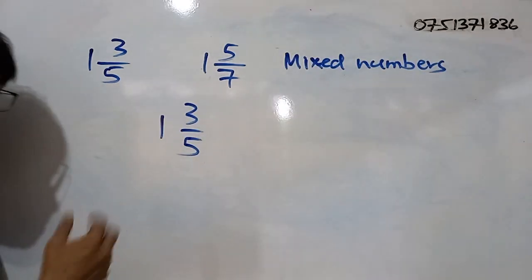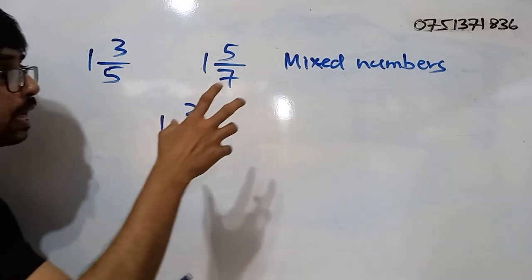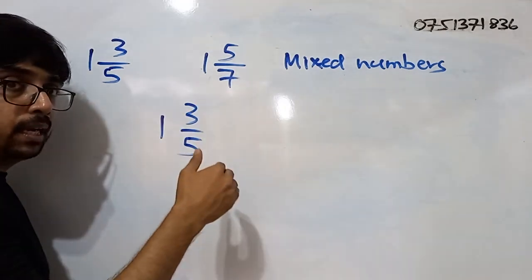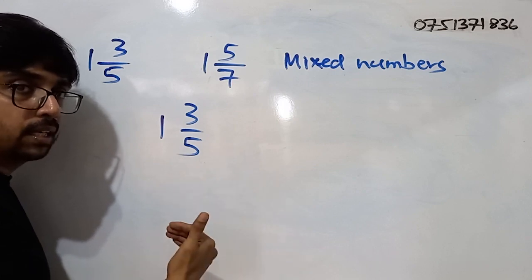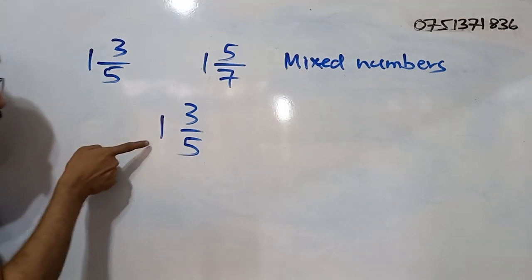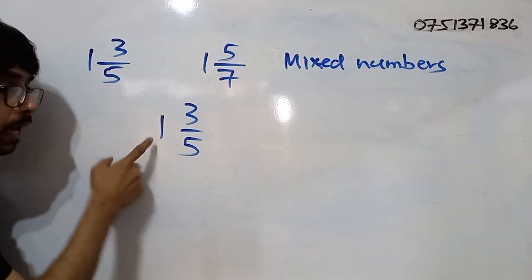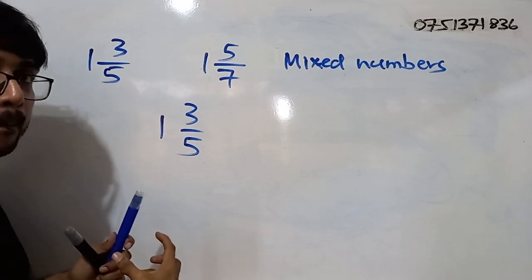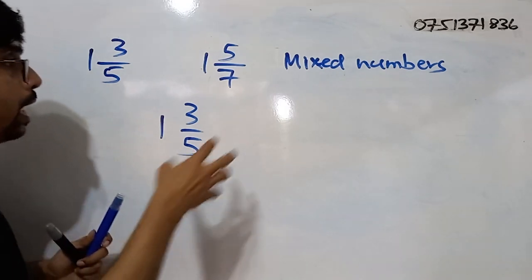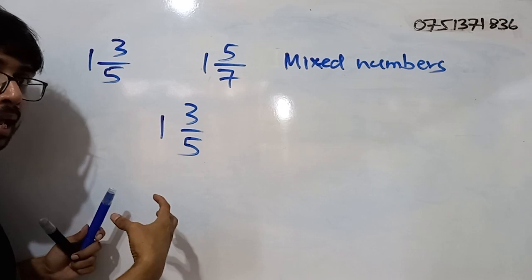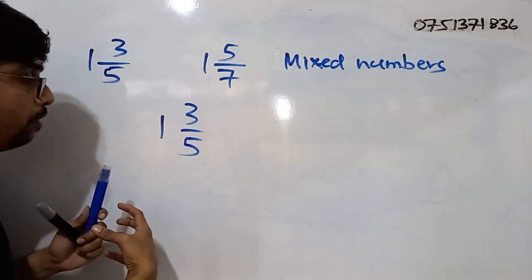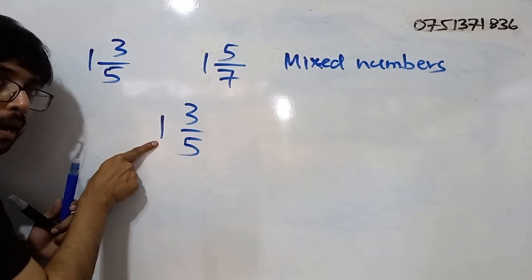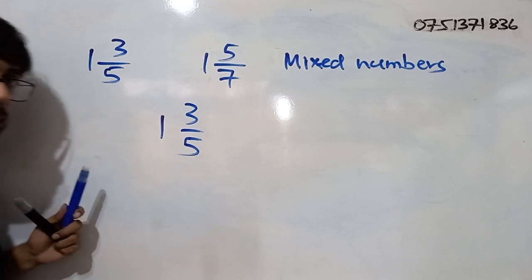Now, a mixed number is a special type of fraction where a whole number part and a fraction part are there. Or we can say a mixed number is a combination of a whole number part and a fraction part.